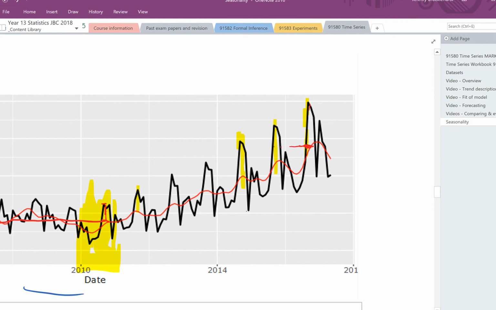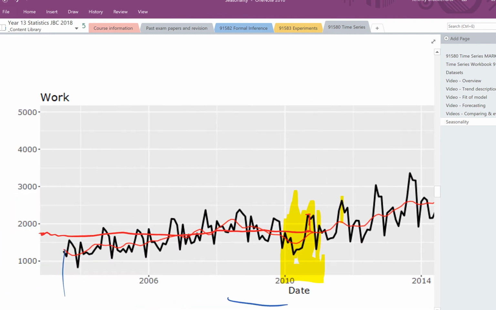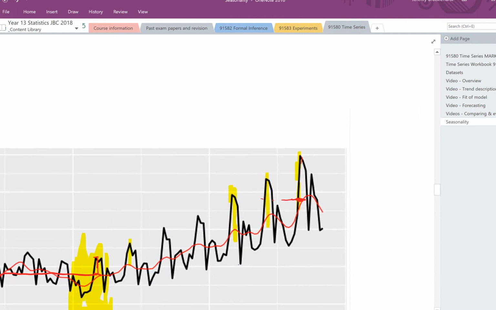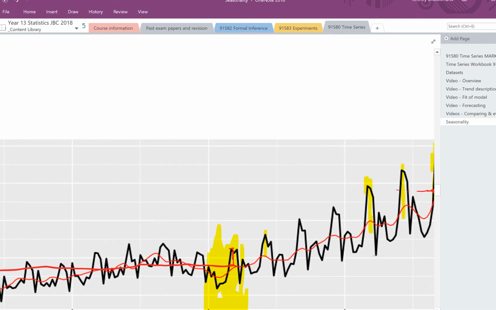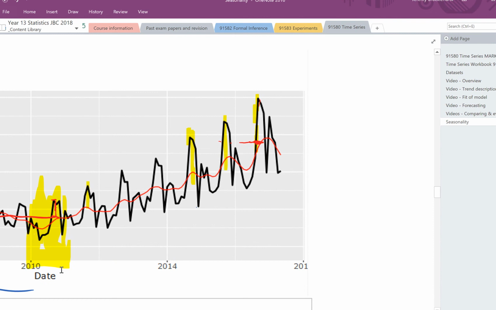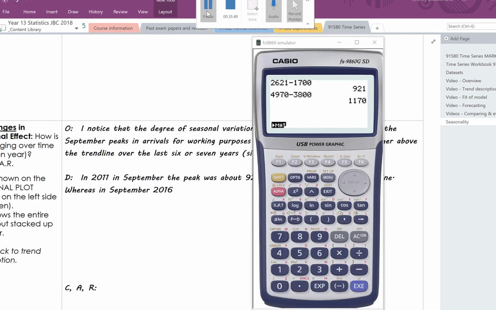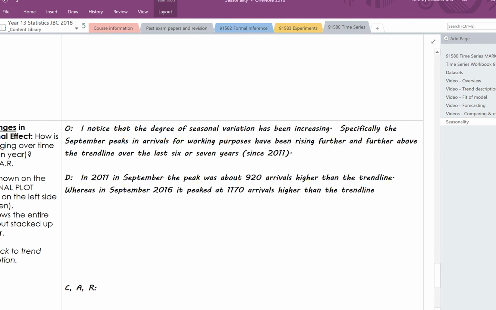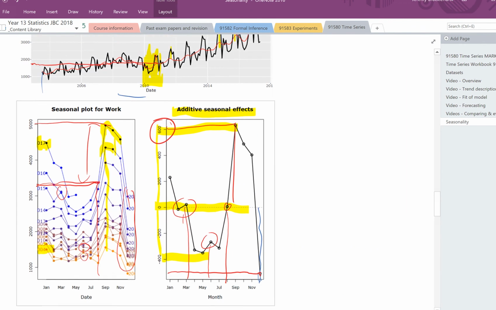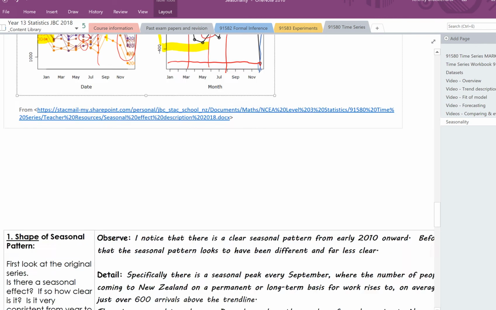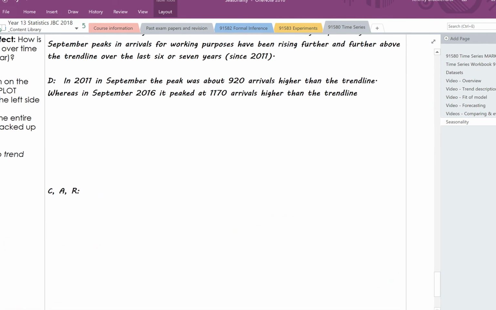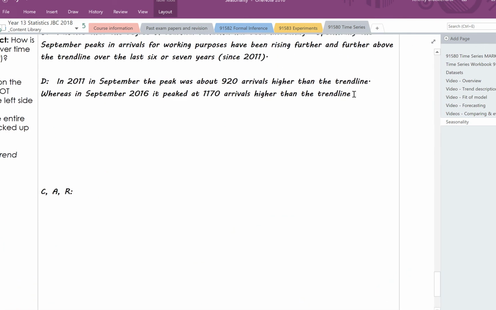Looking straight down, so if we go across from there, it's probably about 3,700 or 3,800, somewhere around there. We'll call it, looks closer to 3,800, doesn't it? So 1,170 above the trend line. And we can see in between it's sort of risen to that point, isn't it? So this represents the increase that we're seeing.